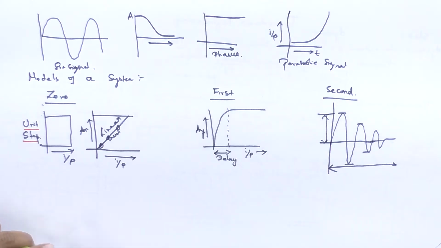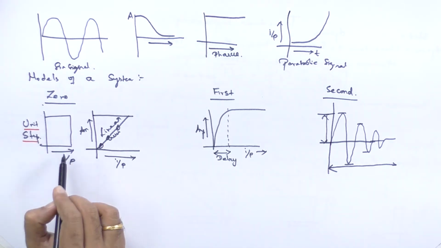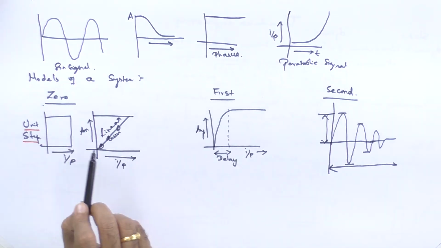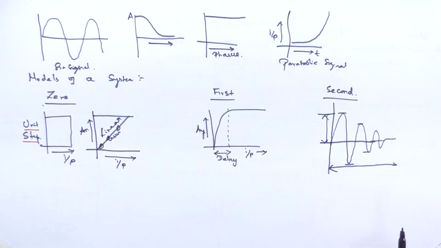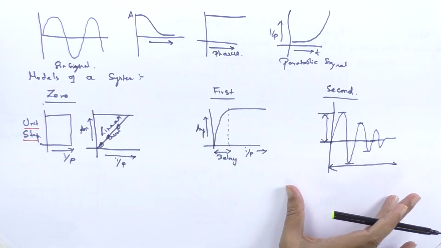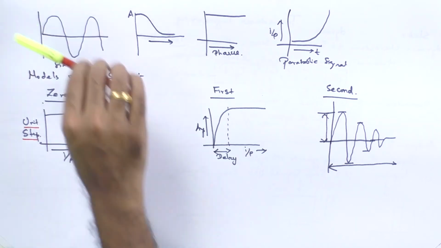Okay, so you are understanding, we are giving in a unit step signal, and then we are seeing the response from a zero order, first order and second order system. The second order system is the most important thing in our study, and there are some parameters involved.